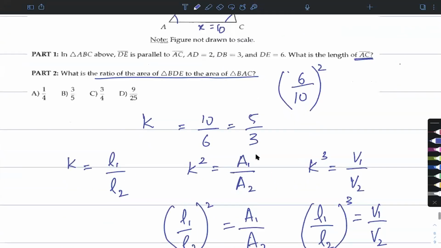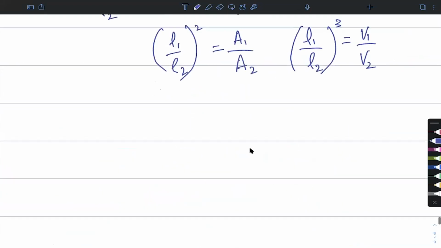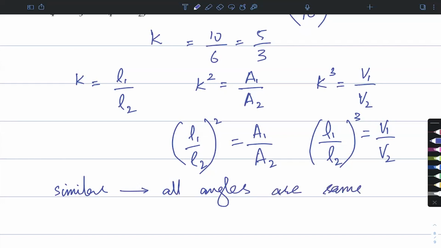I'll repeat then. K is basically the ratio of sides, the square of that is the ratio of areas, and the cube of that is the ratio of volume. That's a geometrical fact. We don't need to go into the detail of that. Whenever you have two shapes that are similar to each other, similar shapes are the ones that have two things. All angles are the same, and secondly, their sides are proportional.